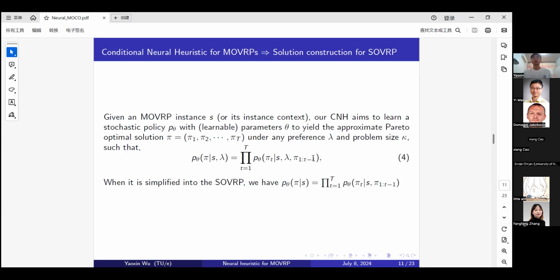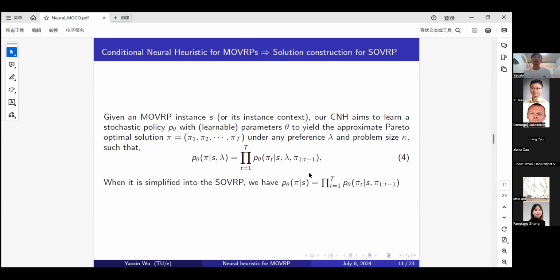But you can imagine the preference is a continuous vector. You can give any value to each element in the preference. So you may have a lot of preferences.